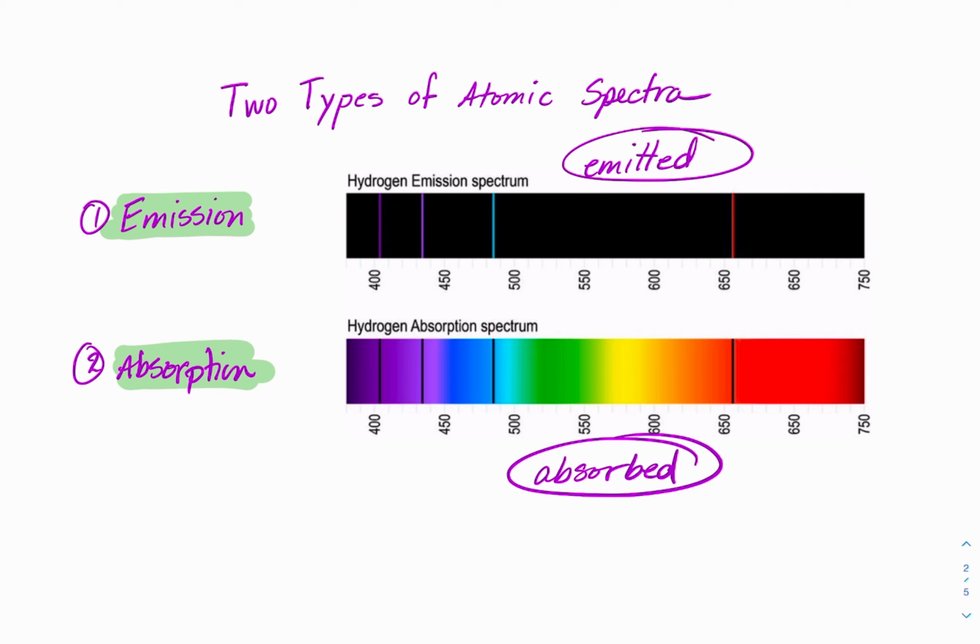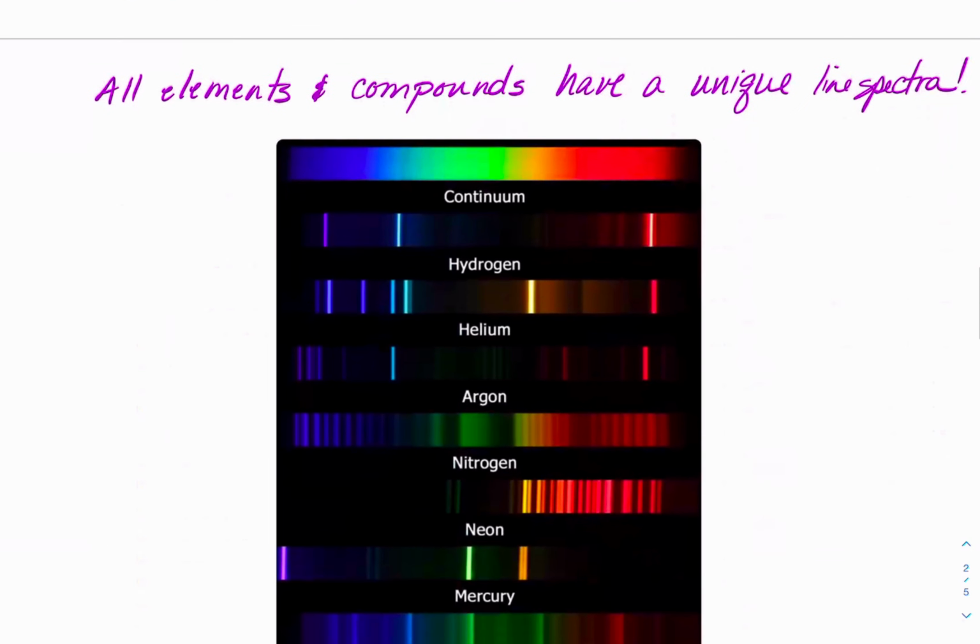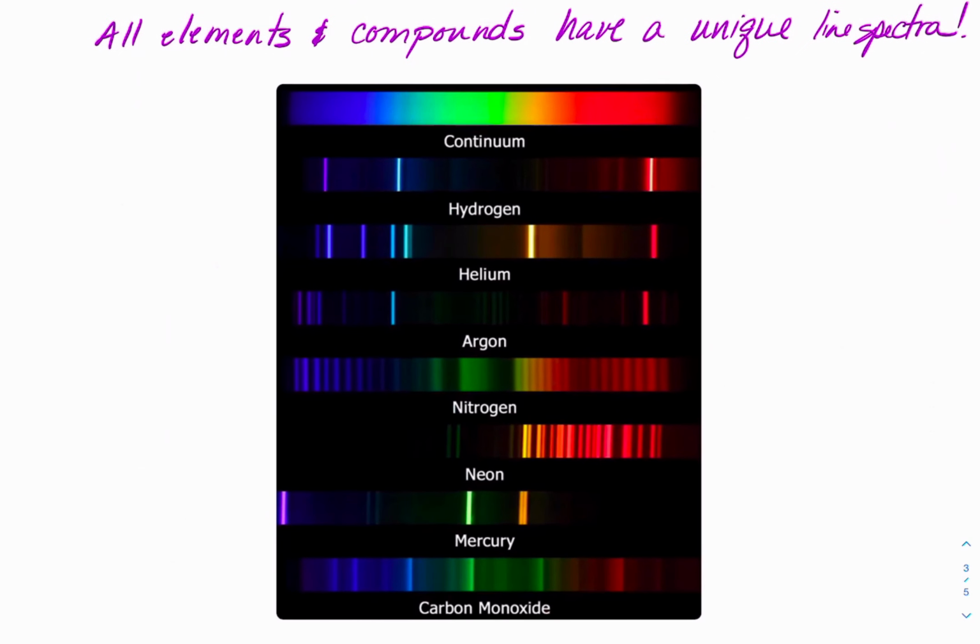And so more often than not, we will use the emission spectrum when we're looking at particular substances and using an atomic spectrum to identify them. It's really interesting because it turns out all elements and compounds have a unique line spectrum or emission spectrum.